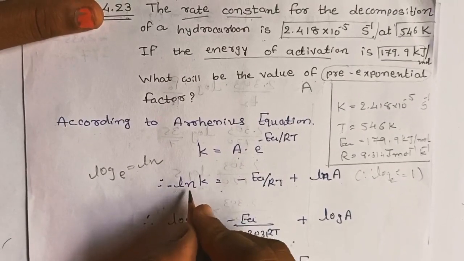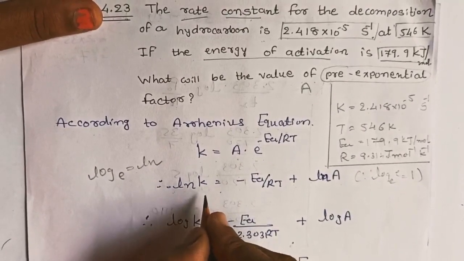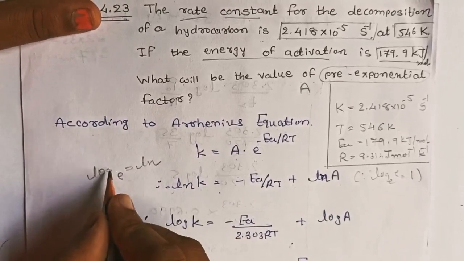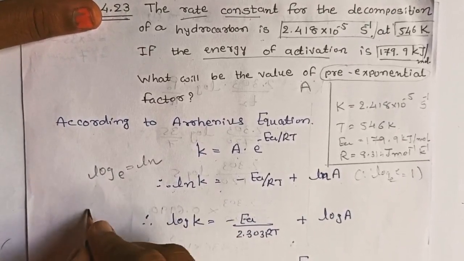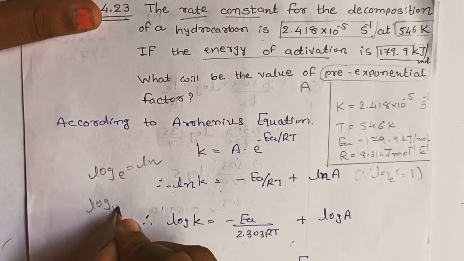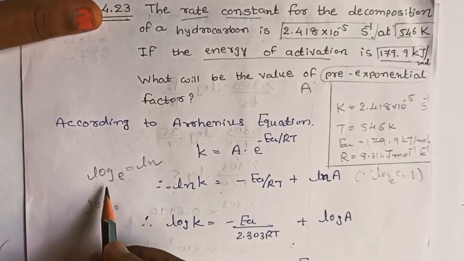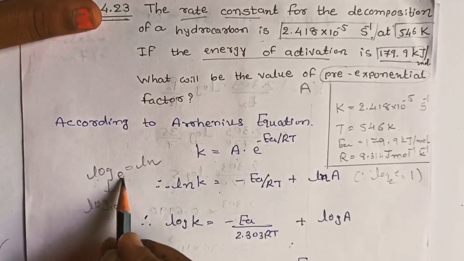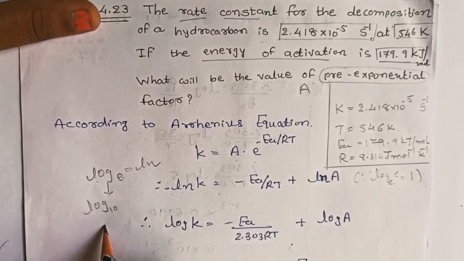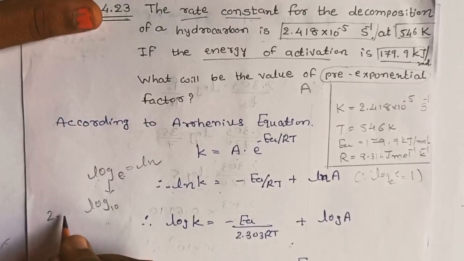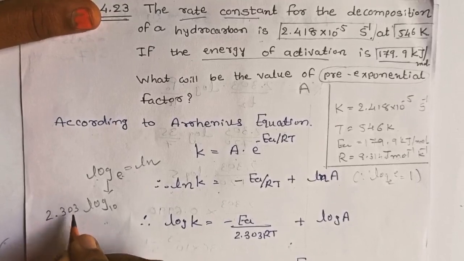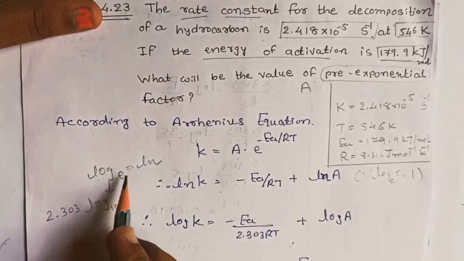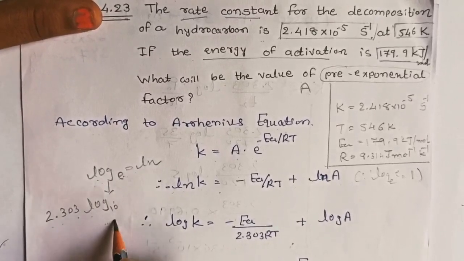Now for the calculation we do not need log base e, we need log base 10. So we have to convert that log e into log base 10, right? For that we have to multiply by 2.303. So ln equals 2.303 log base 10.